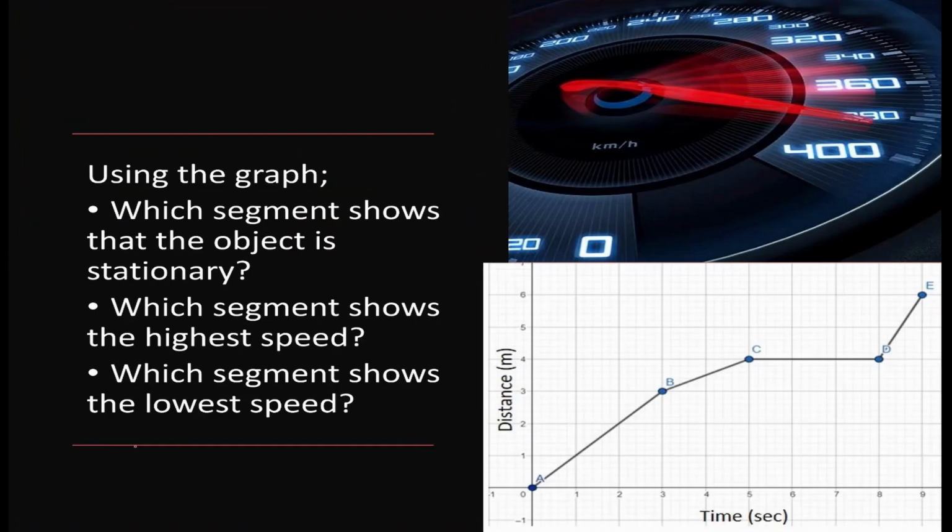Look here at this graph and try to determine in which segment. I have here segment AB, another segment BC, another one CD and DE. Which segment represents a stationary object and which one shows the highest speed and which one represents the lowest speed?